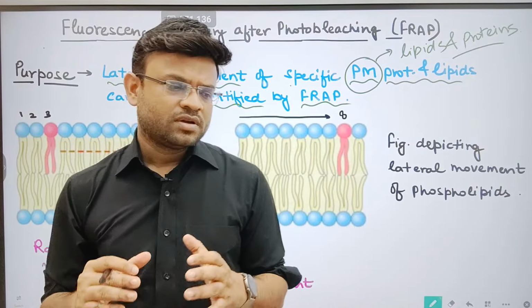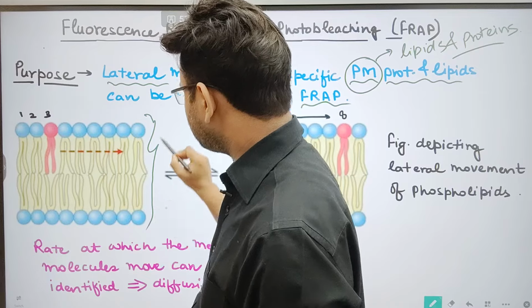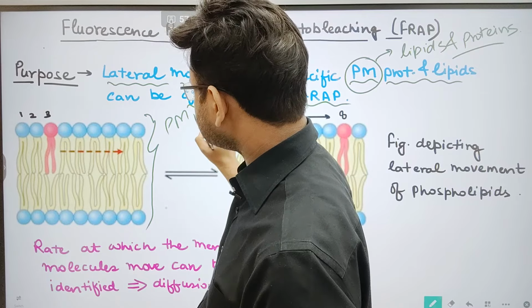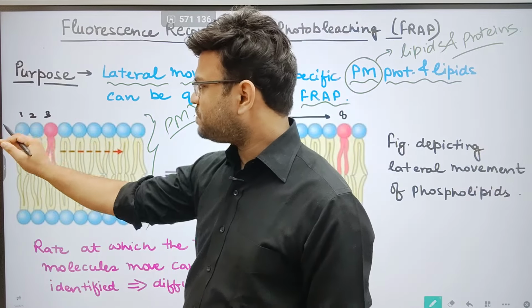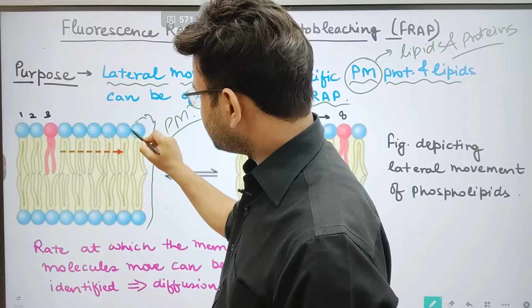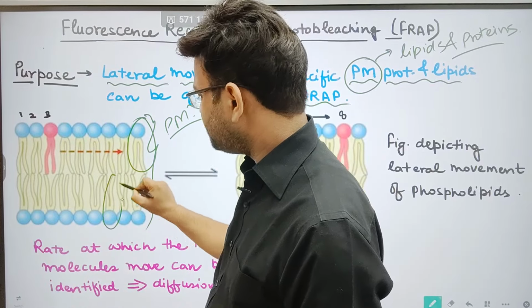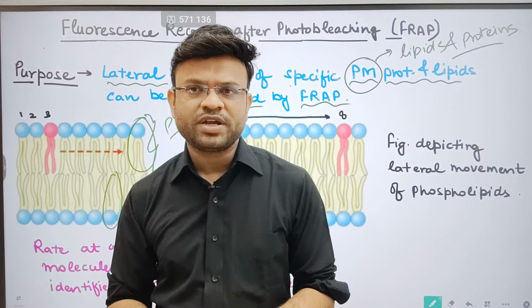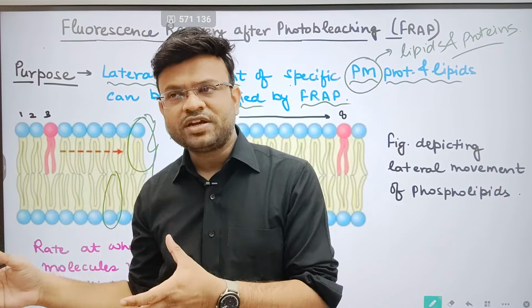Now having understood this, this is a diagrammatic representation of your plasma membrane. However, proteins have not been shown over here, only phospholipids have been shown. You can consider that this is a phospholipid, this also is a phospholipid. You would also know that plasma membrane is made up of two layers. It is basically having two leaflets.